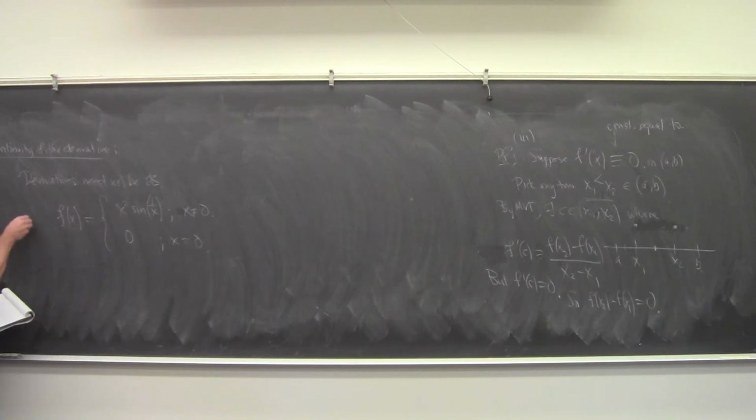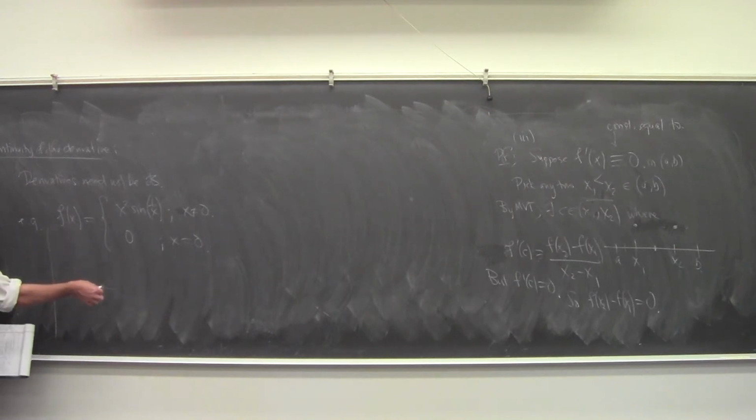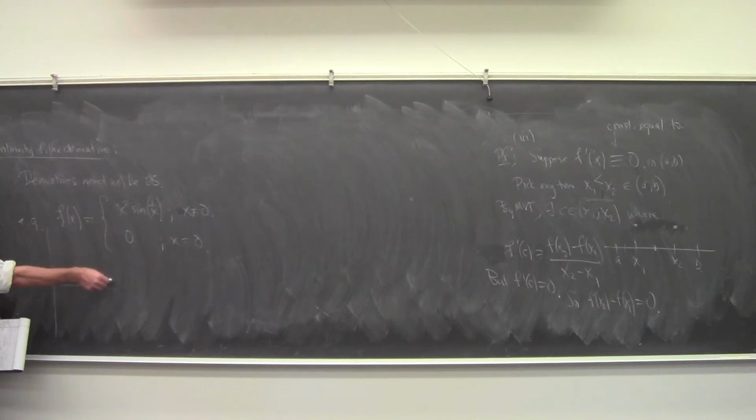If you look at this function, it is the sine 1 over x function. As you get closer, it looks like the sine function, but you start compressing it faster and faster. It goes crazy here.